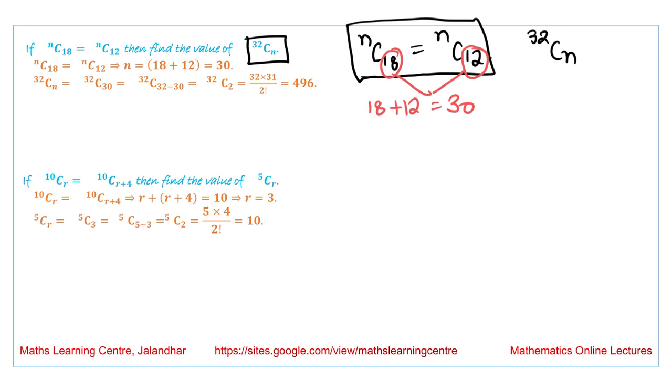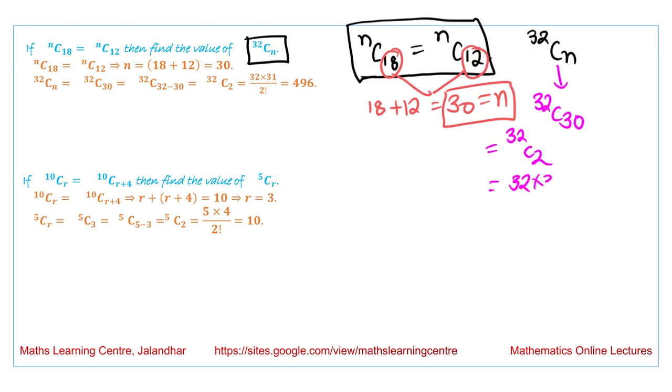That is equal to n means the value of n we obtain is 30. Now what we have to calculate is 32C30, that will be equal to 32C2, that will be equal to 32 into 31 divided by 2, and the answer comes out to be 496.